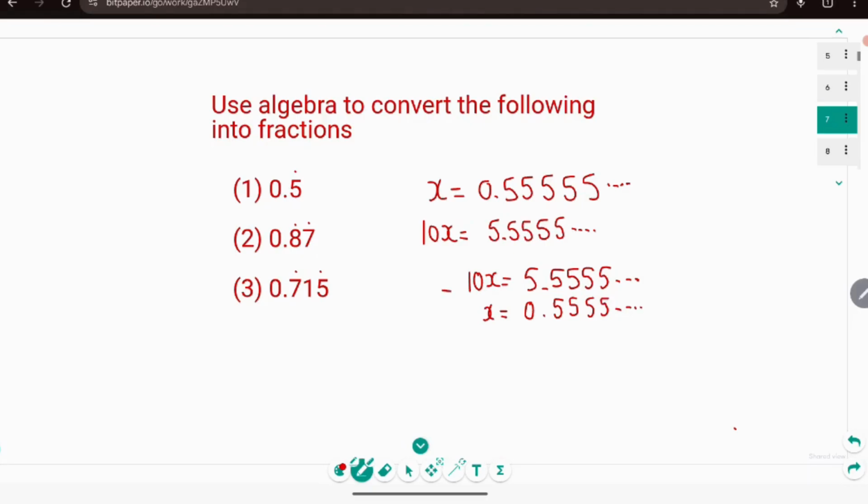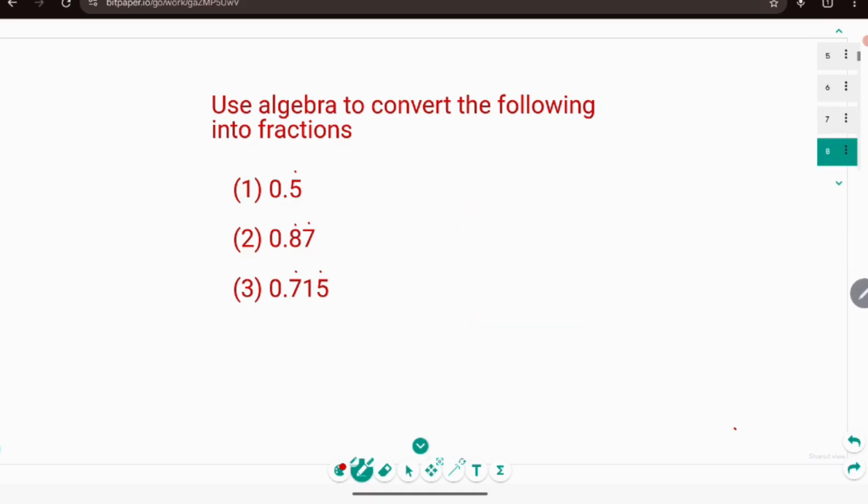Top subtract the bottom. 5 take away 5, 0. All of these cancel out. So on the right hand side, we're just left with 5. 10x take away 1x is 9x. On the left hand side, make x the subject. Divide both sides by 9. Check on the calculator. Yes, correct.